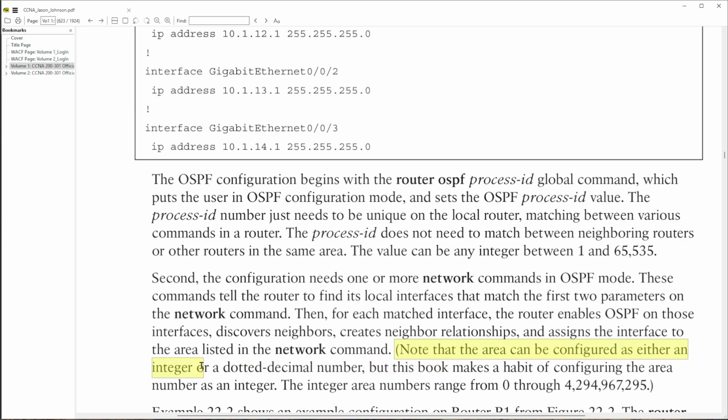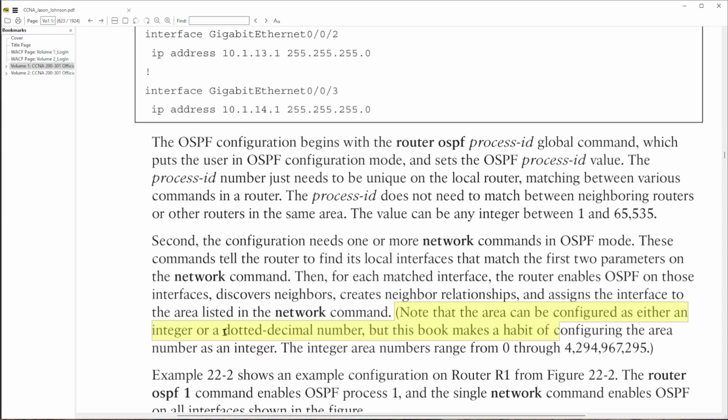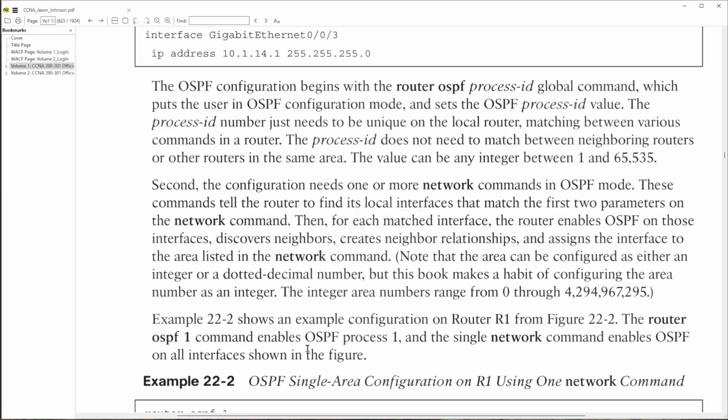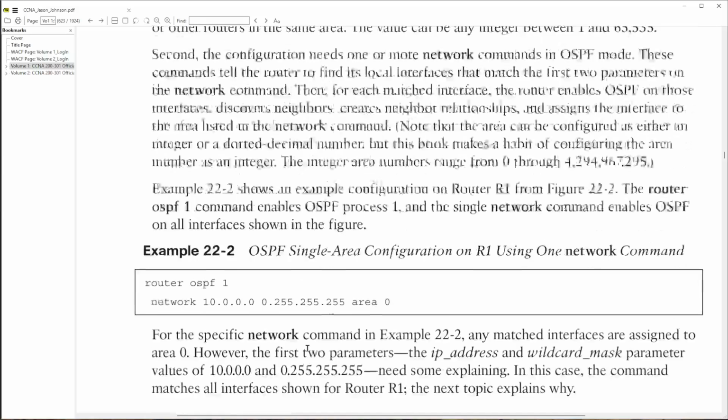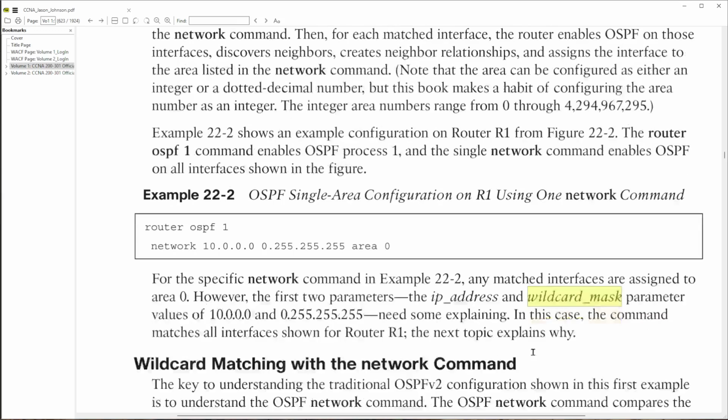Note the area can be configured as an integer, however you want to say it, or dotted decimal. Okay. So we got this, which is what we're doing. And I would like some explaining here. Right now I'm just trying to understand why this wildcard thing.